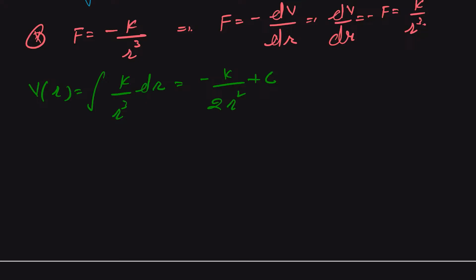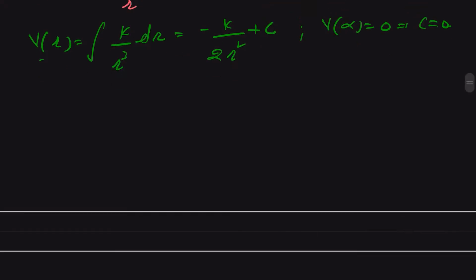If we assume that for infinite radial distance, r is infinity, the energy will be equal to 0, or we can say that V of infinity is 0, which gives us that c will also be equal to 0. Therefore we get that V of r will be equal to minus k upon 2r square.